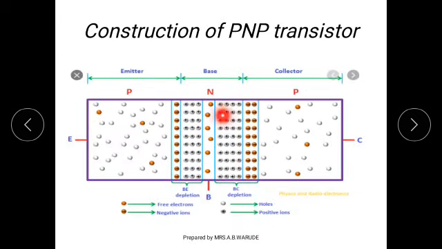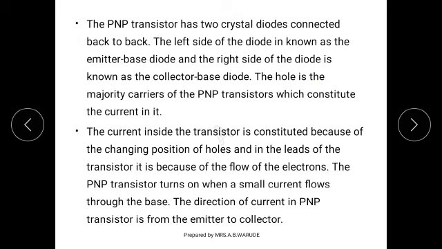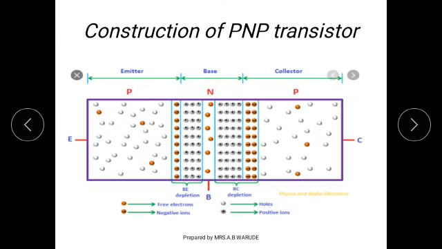Here these electrons and holes are changing their positions. The PNP transistor turns on when a small current flows through the base, that means through the middle region. And the direction of the current in the transistor is from the emitter to the collector, here from emitter to collector region. That's all about PNP transistor. Thank you.